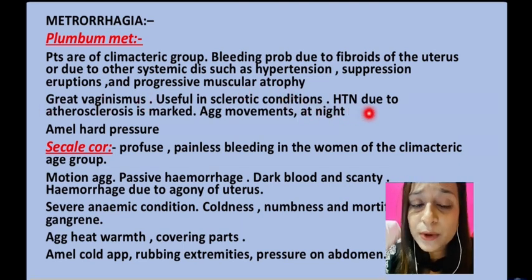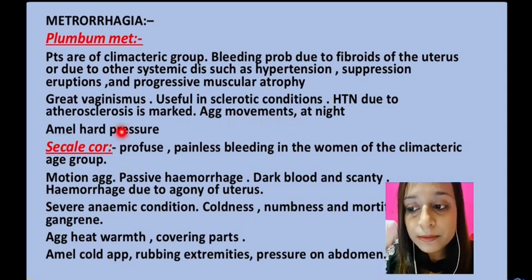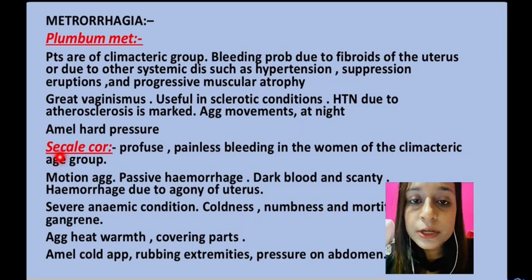There is great vaginismus, sclerotic conditions, hypertension due to atherosclerosis when it is marked. Atherosclerosis means thickening of the arterial walls. Aggravation is motion and at night; amelioration is by hard pressure.